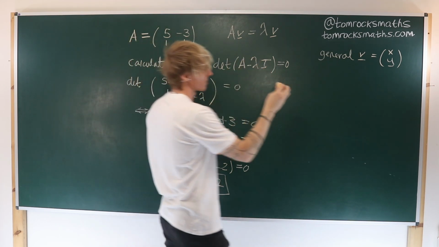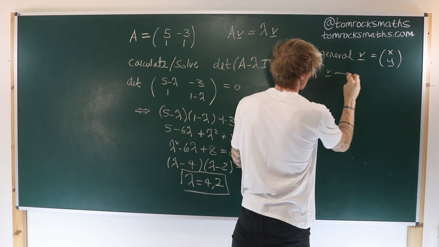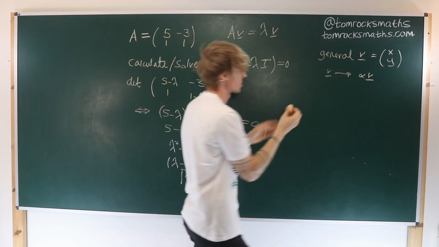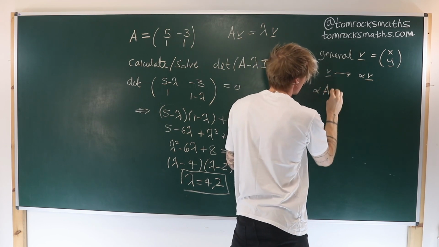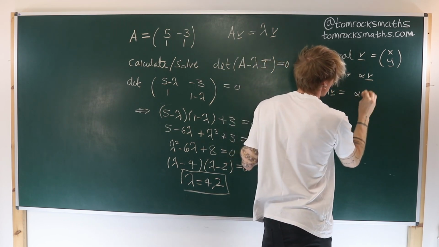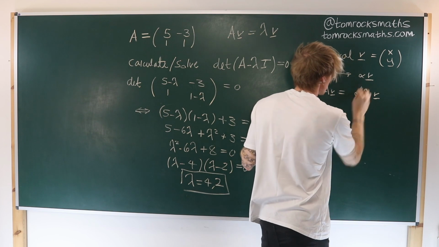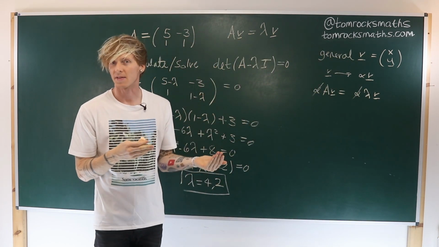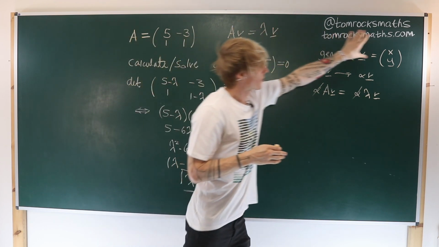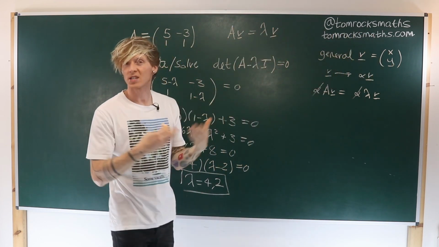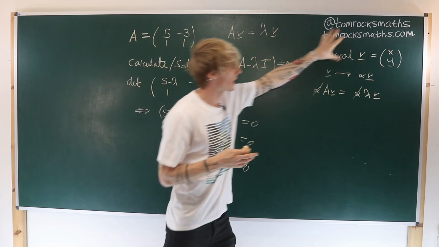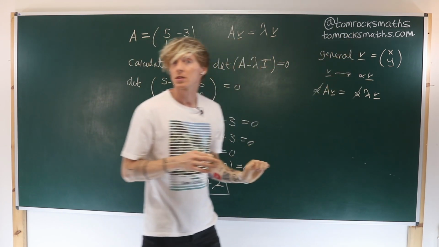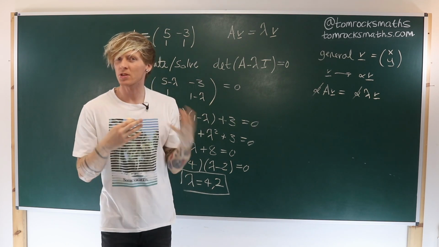Because if I simply replace v by alpha times v, then my equation up here just becomes alpha Av equals alpha lambda v, so I cancel the alpha and the same equation is satisfied. So when we're looking for a general v, we have some freedom in multiplying the whole thing, both x and y, by the same constant number. And that's important to remember.